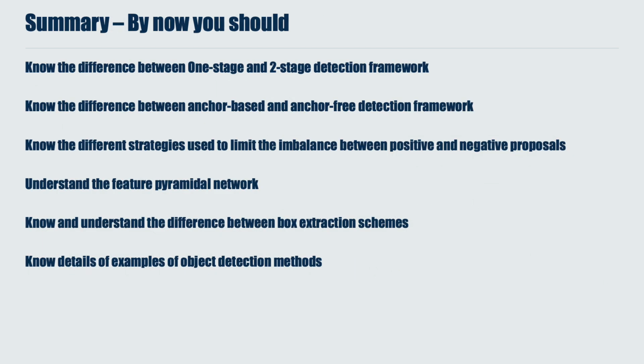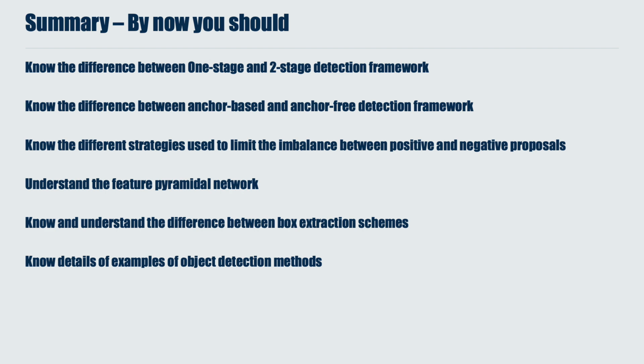So that finishes the lecture on object detection. And just to summarize, if everything has been properly understood and properly covered, by now you should know the difference between one-stage and two-stage detection frameworks. Know the difference between anchor-based and anchor-free detection frameworks. Know different strategies that can be used to limit the imbalance between positive and negative samples in the context of object detection.